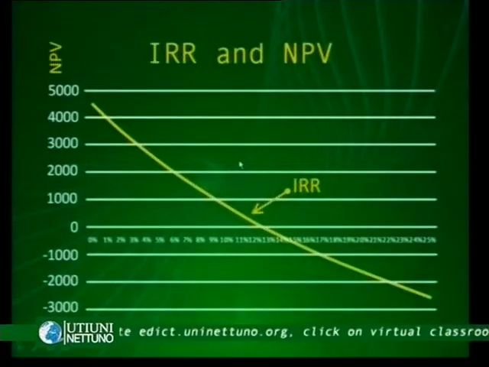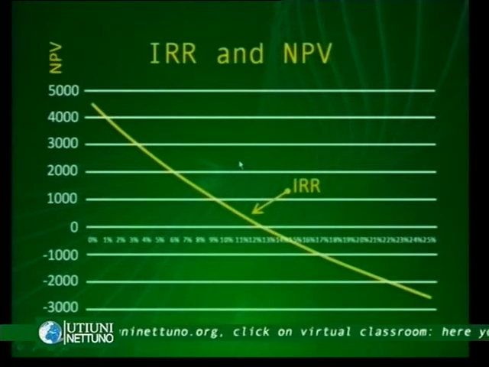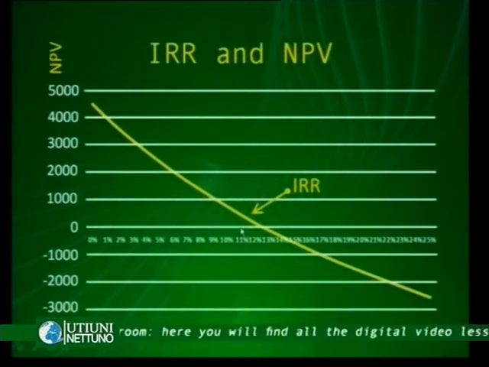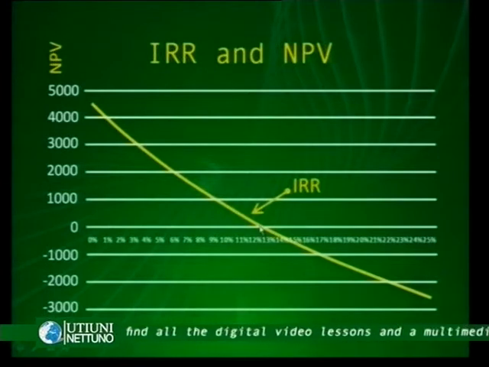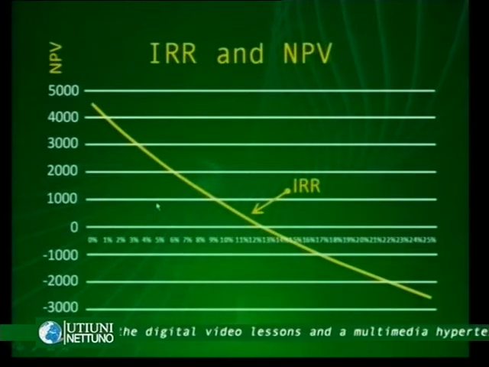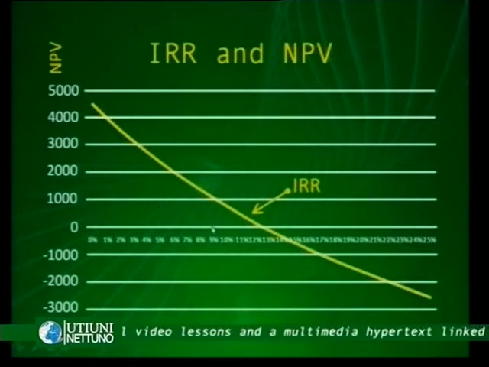So now we have all the analytic tools to interpret in a more comprehensive way the meaning of this graph. What we said in the last class is that when NPV was higher than 0, this happened for the discount rates at the left of the intersection point, and the project was convenient.